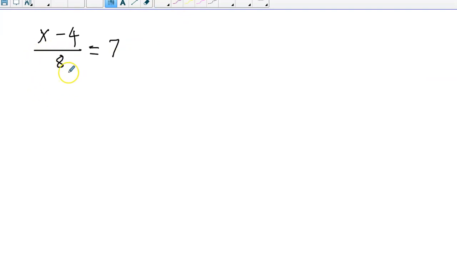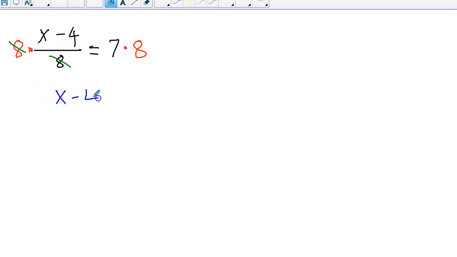The opposite of division is multiplication, so I'll multiply by 8 on the left hand side, and do the same thing on the right hand side. The 8 and 8 cancel off on the top and bottom, numerator and denominator, so you are left with only x - 4.